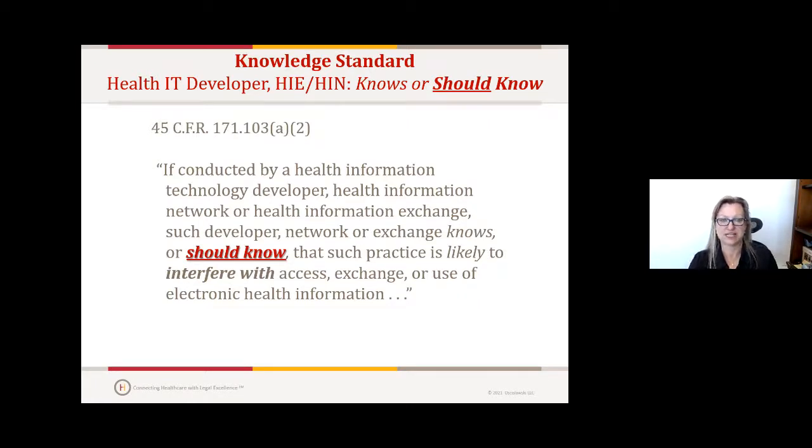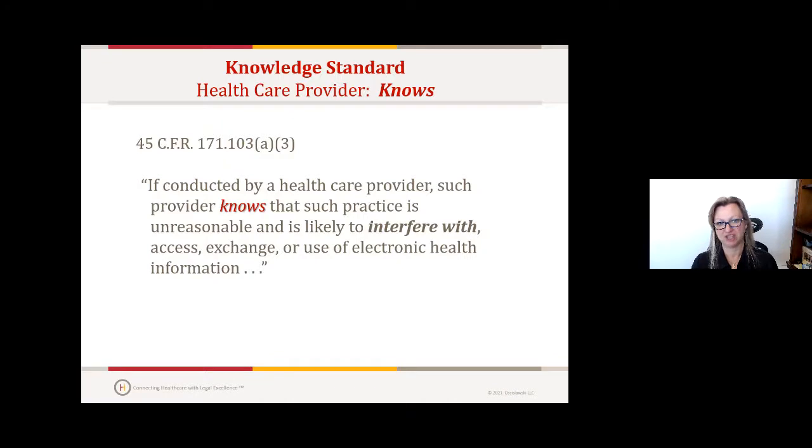To the extent that you, as a healthcare provider, were not aware that your IT vendor had a certain setting that was blocking information, you would not be on the hook for that, because as I mentioned in the previous slide, you actually have to have knowledge that there was a blocking practice in place. You don't necessarily have any affirmative duty to investigate every single IT setting.